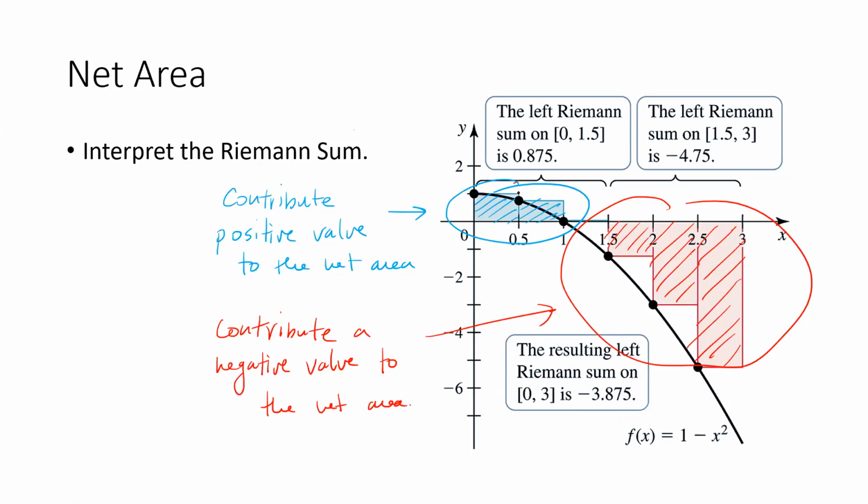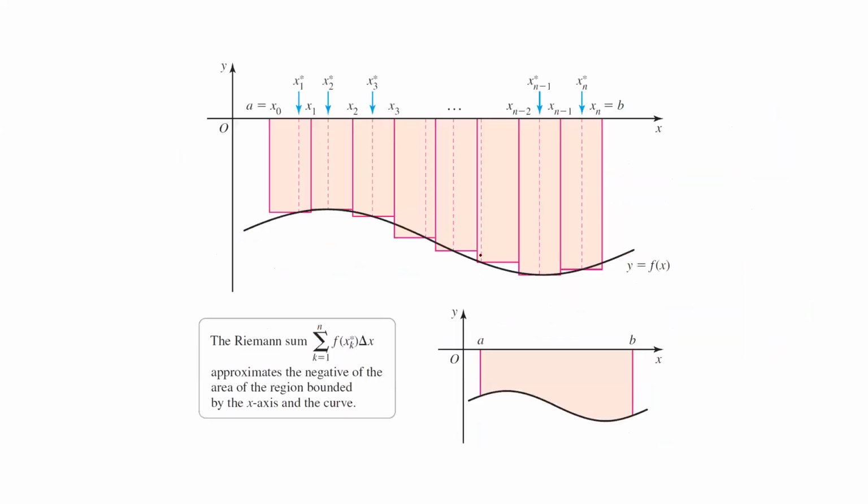Okay, so notice that we actually split the areas between the regions above and the regions below. But let's think about it more generally here. It says the Riemann sum here, which we know is just the sum of all the f of x k star delta x, approximates the negative of the area of the region that's below the x-axis on this curve.